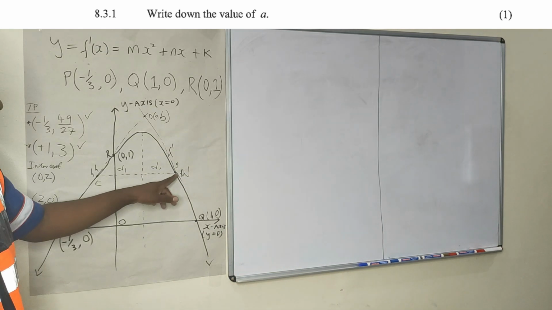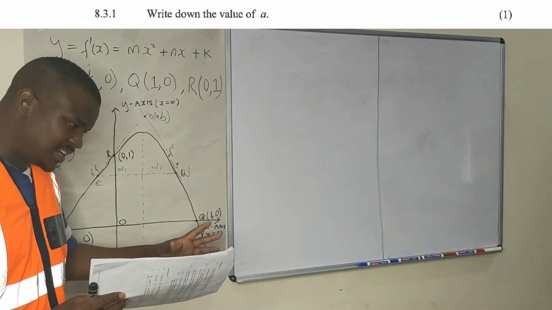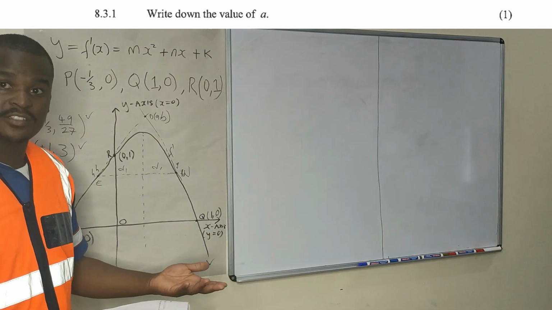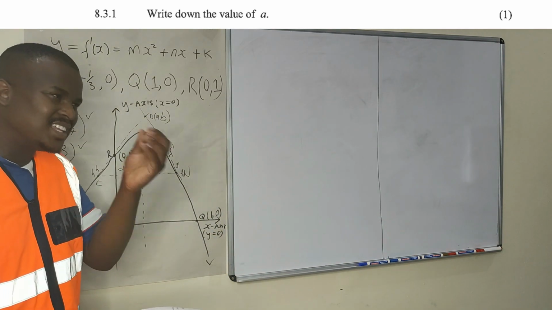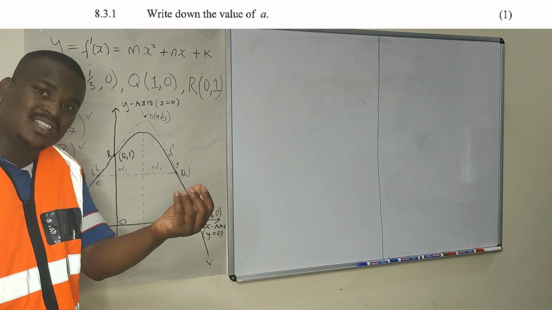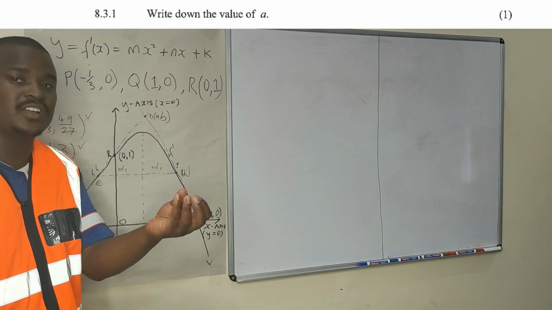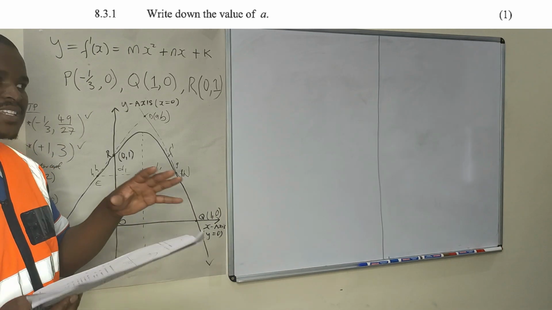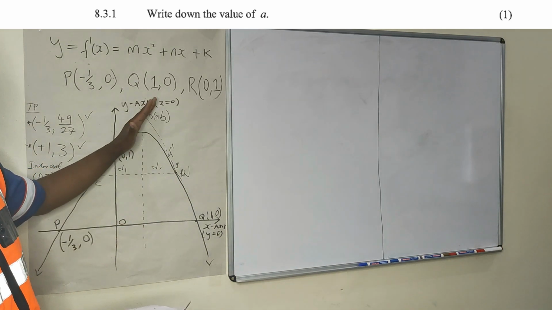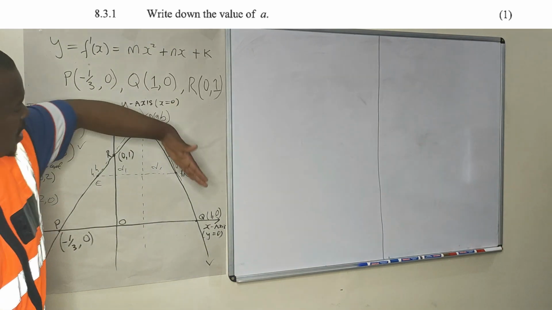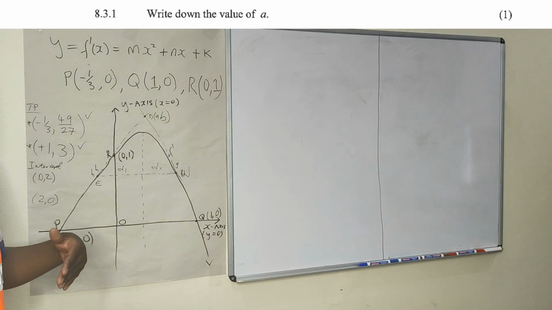These two have exactly similar gradients but different directions. The magnitude of the gradient is the same, but the sign is different because one has a positive orientation and one has a negative orientation.